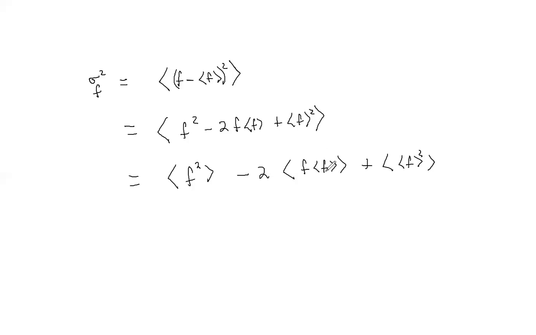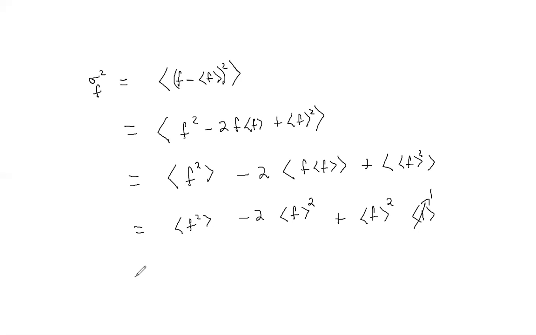It pulls out of the averaging indicated by this bracket. So I could rewrite this as the average of f squared minus 2 times the average of f times the average of f, plus the average of f squared times the average of 1. And that's just 1, because the probability distribution is normalized.